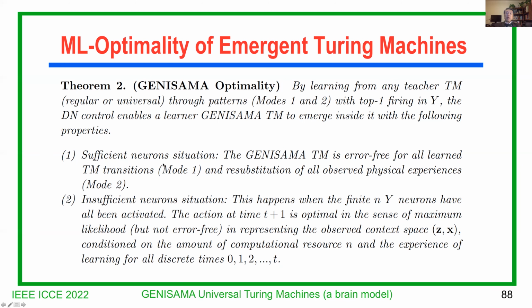Now extended to very much like we had before. Now we talk about the optimality in the higher context. We talk about the emerging Turing machine becoming optimal, and error-free, if you have enough samples, for all learning transitions.